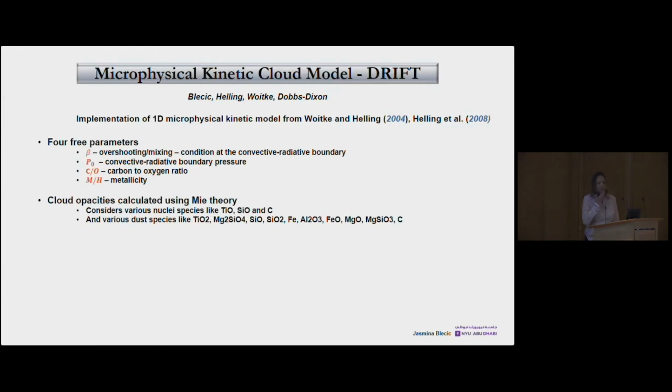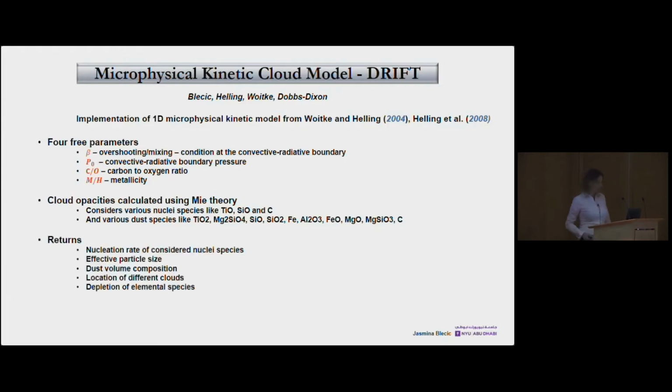It can cover several nuclei species and many various dust species, and it returns the nucleation rate of considered nuclei species, effective particle size, dust volume composition, location of the different clouds, which are spread in the vertical direction, and depletion of the elemental species.